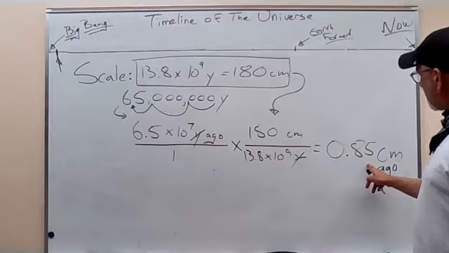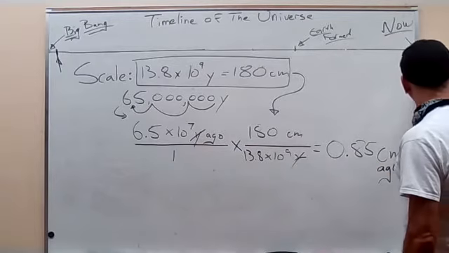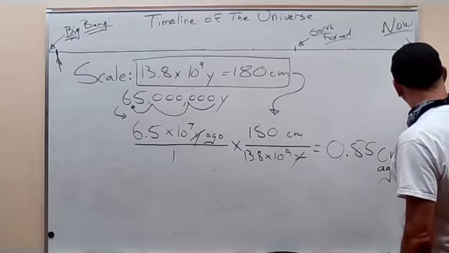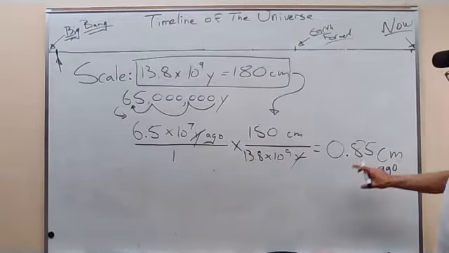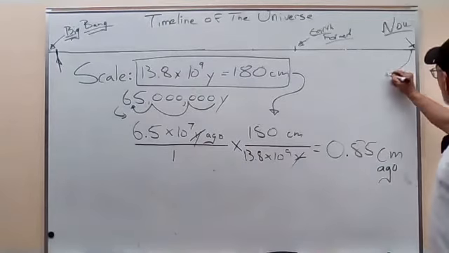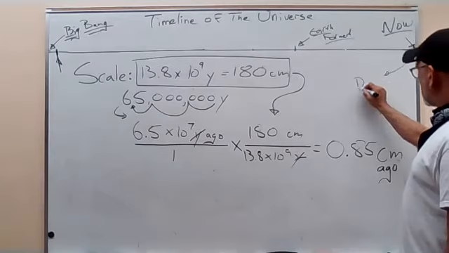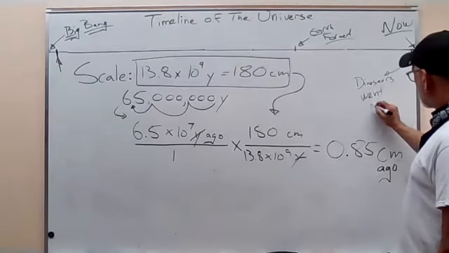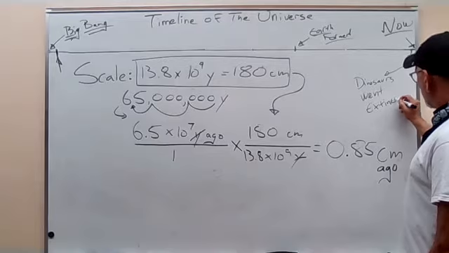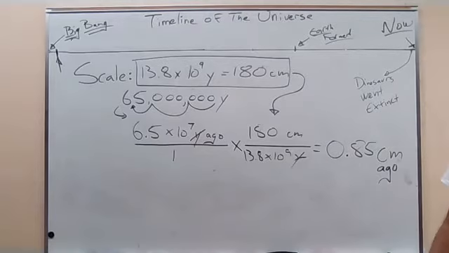But on my timeline, they went extinct a little less than 1 centimeter ago. I would measure that out with my ruler, measure out 0.85 centimeters, and I would say dinosaurs went extinct right there. And that's how I would put that on my timeline for my dinosaurs.